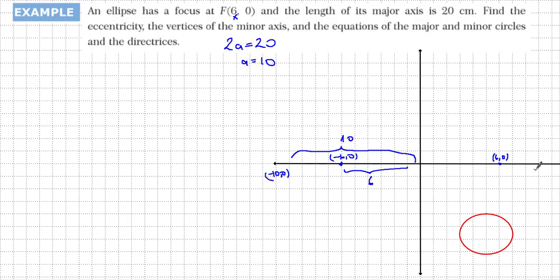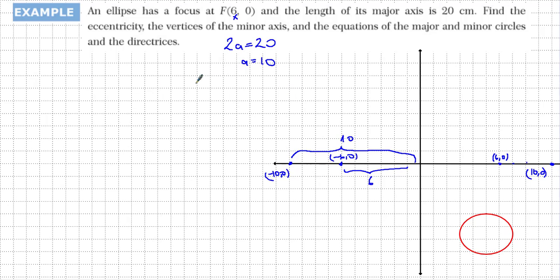This point is on the major axis, and this point is the vertex of the ellipse.